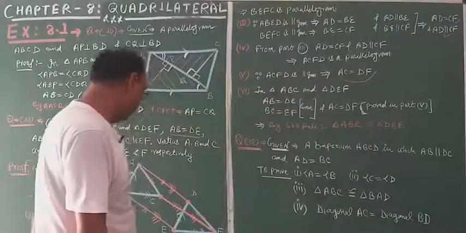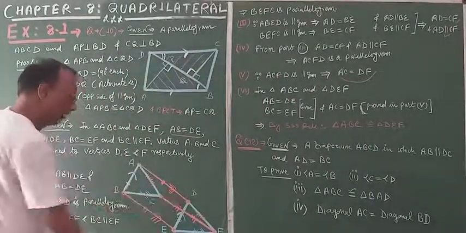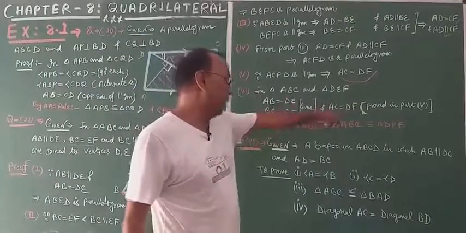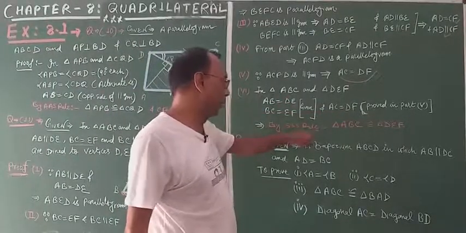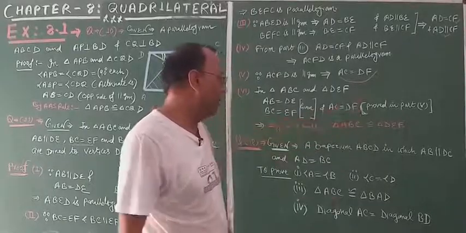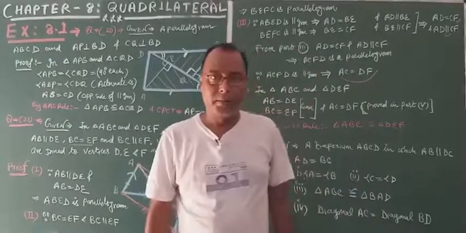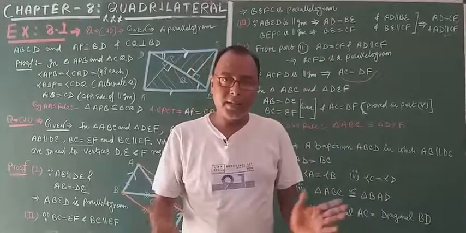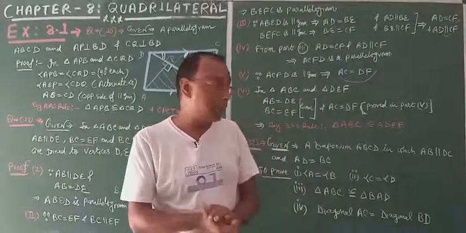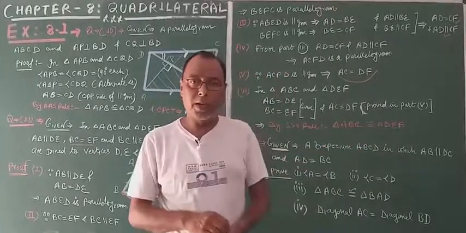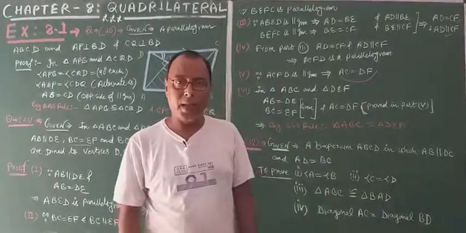So by the SSS rule, the side congruency rule, triangle ABC is congruent to triangle DEF.